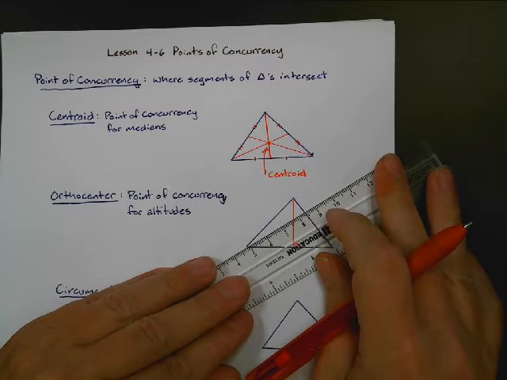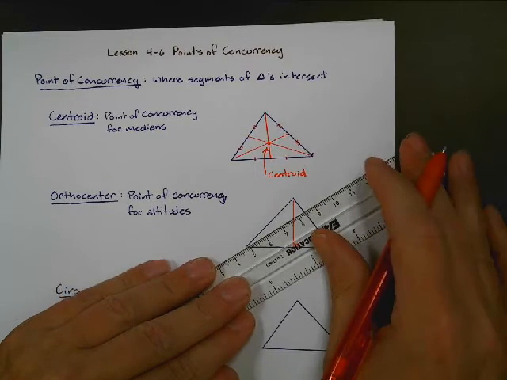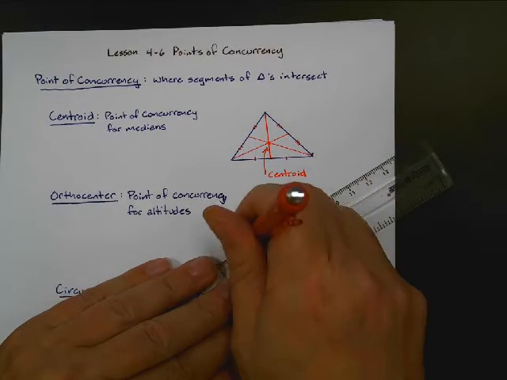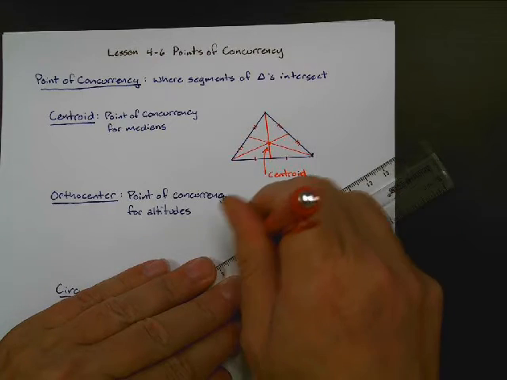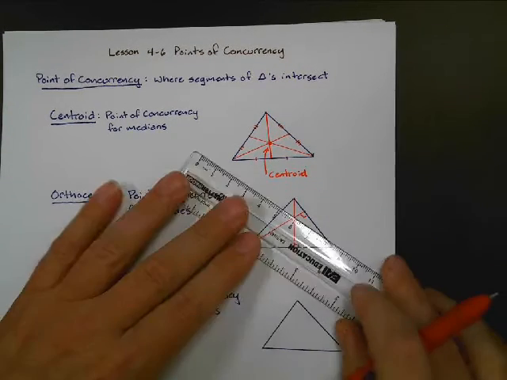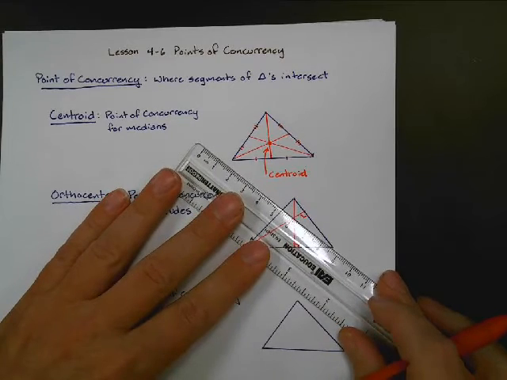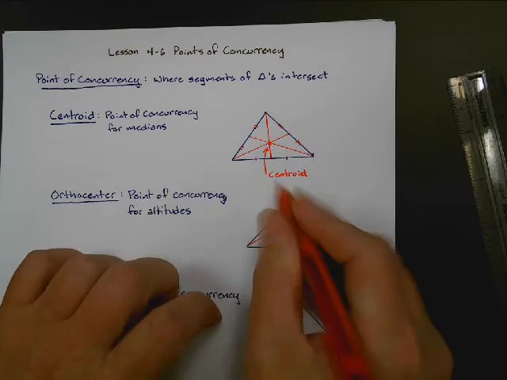So the next one, it's hard to do when you're looking this way. Yeah, that looks better. So I'm going to say, move it down a little bit right there. Yeah, let's just say that's it. So this is 90 degrees right here. And if I went 90 degrees over here, we'd get our other altitude.